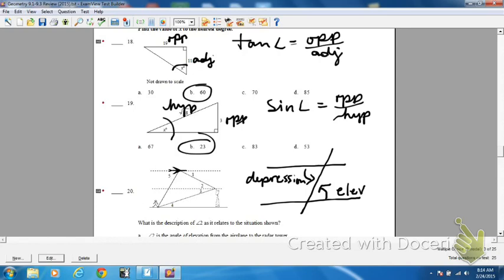It always has to start with a horizontal line. So when we're looking at number 2, here's our horizontal line, and angle 2 is created going up from that horizontal line, so it is an angle of elevation, and it is going from the tower to the airplane, which is C.